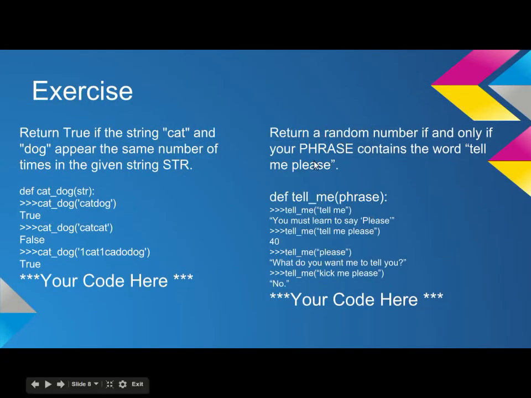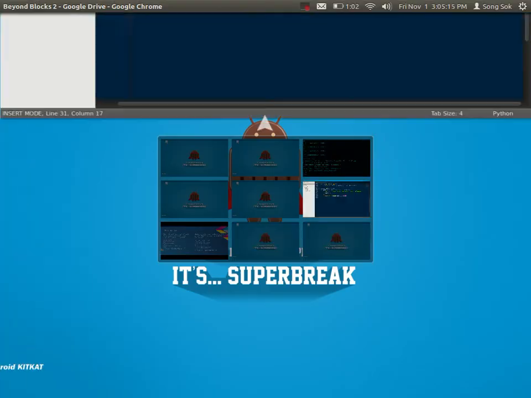In this case, it says kick me, but with the word please in there. So what do we need to check? Whether it has please in it. After it has please in it, what else do we have to check? We make sure it doesn't say tell me. Yeah, okay. How do we do that in code?